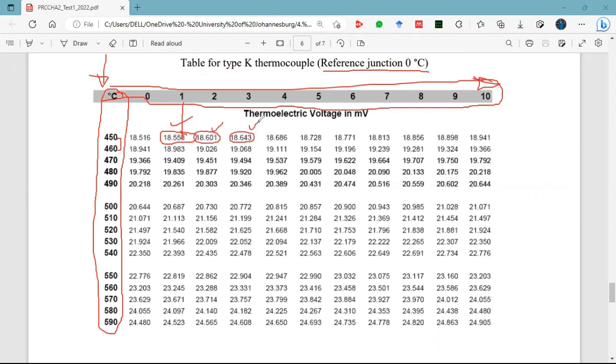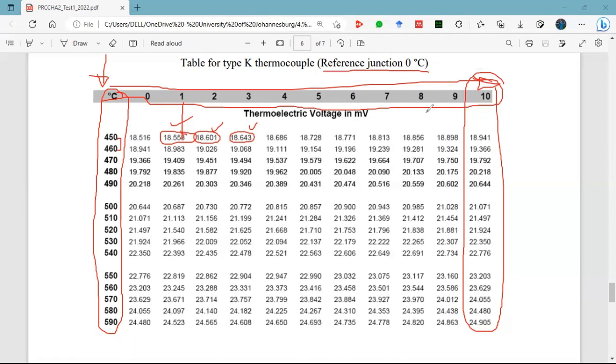Do you get it? That's why mostly you will find that the table doesn't have this last column. It's not necessary because it's repeated. They wrote 10, and they also gave you 460. Do you get it?